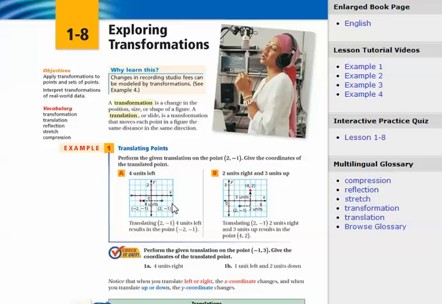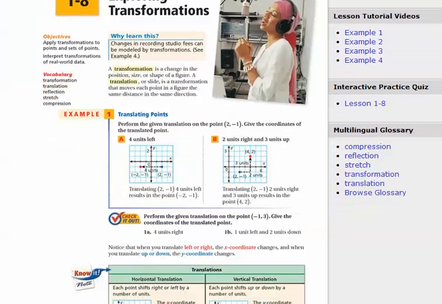Well, what does that do to the x or y value? In this case, it's just going to change the x value to a -2. In this example here, we can move it 2 units to the right and 3 units up. What does that do to the x and y value? So you're going to be doing some transformations or translations in this part, where you're just moving points.